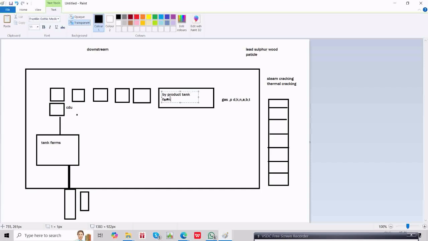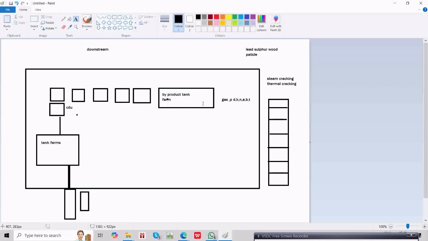This is a generic name I am giving, because in a project there will be different naming and philosophy. They will store, let us assume, 3 petrol tanks, 3 diesel tanks, 3 kerosene tanks, 3 naphtha tanks, something like that. So you will have a tank farm again, the byproduct tank farm.